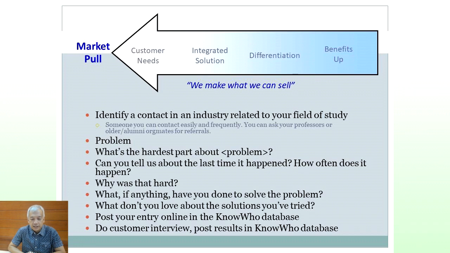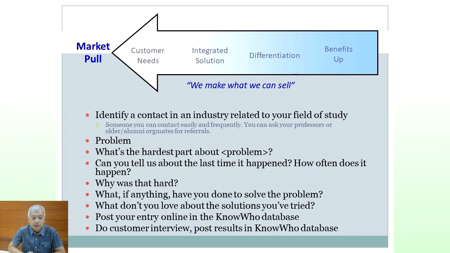So ideally, you get someone related to your field of study, but if that's not possible, then any significant industry, especially in your region, would serve as a good starting point.